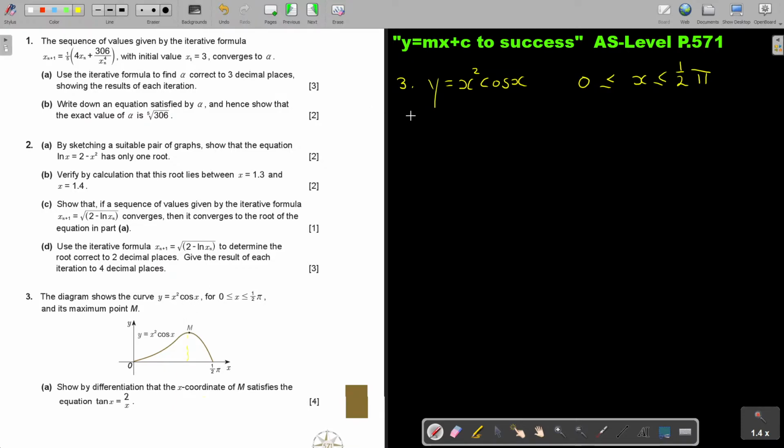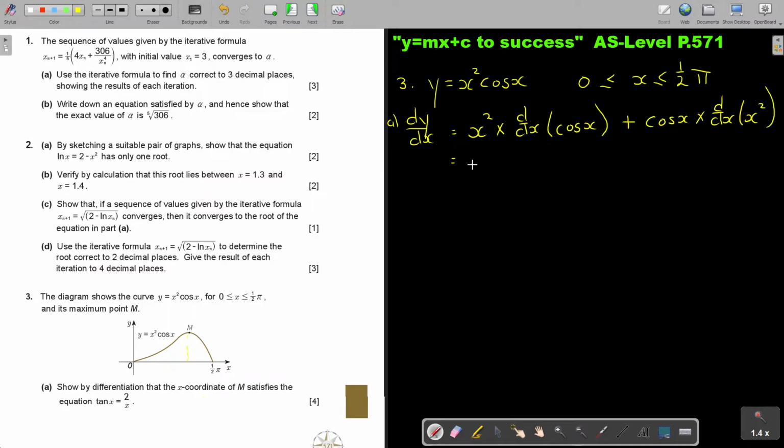So I'm going to say, part A, dy over dx is equal to, and remember, I rewrite the first one and I differentiate the second one, and then plus, I rewrite the second one and I differentiate the first one.